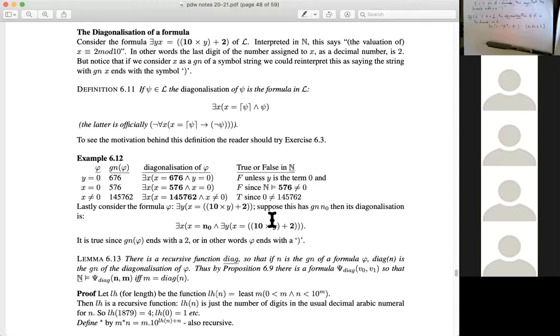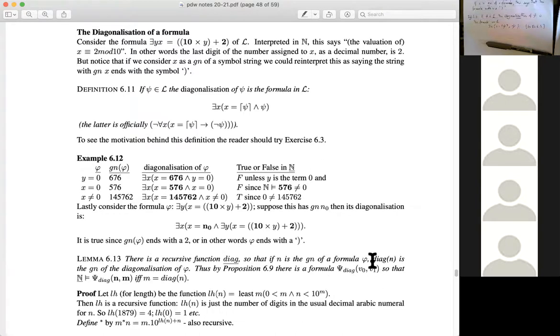Okay, the next lemma says the characteristic function of this diagonalization idea is recursive. I won't go through this because I said I'm not going to go through building up recursive functions, so you can read this as just saying computable. The idea is that we've got some formula psi associated to this diag function.